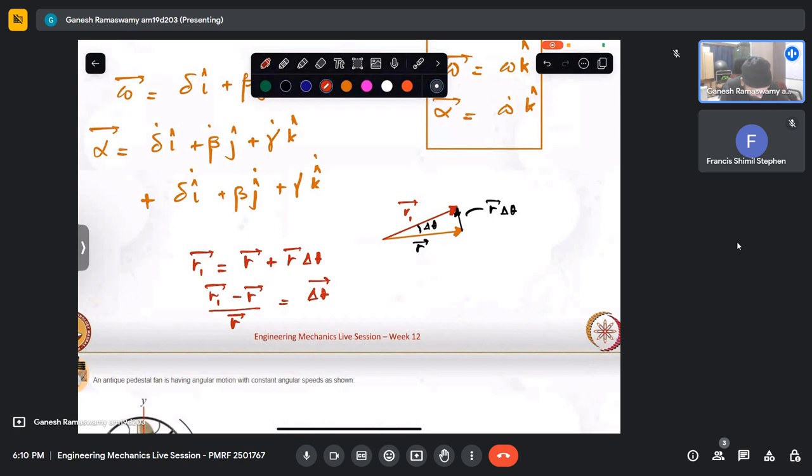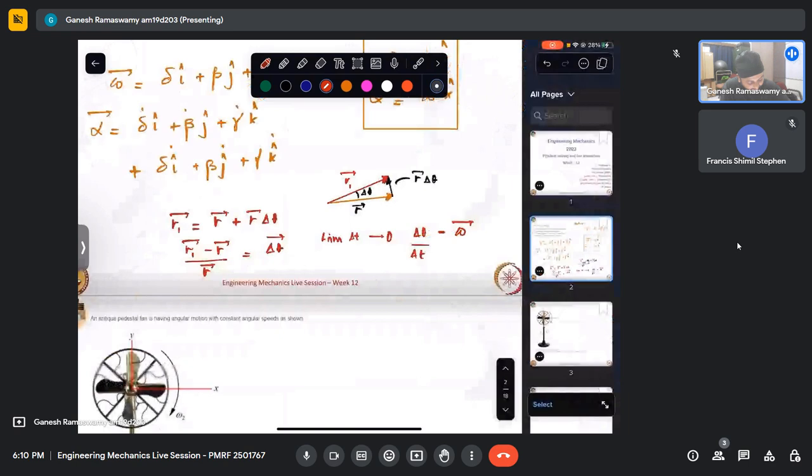Now in the limit delta theta tending to 0, if I take its time derivative, what does this come out to be? Delta theta by delta t, for a very small time instant, will be nothing but our omega.